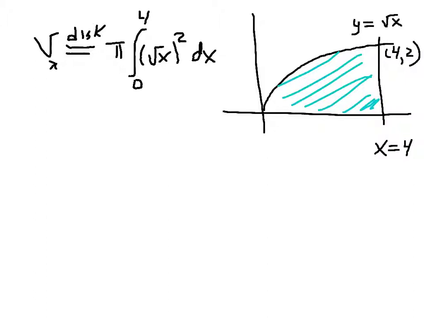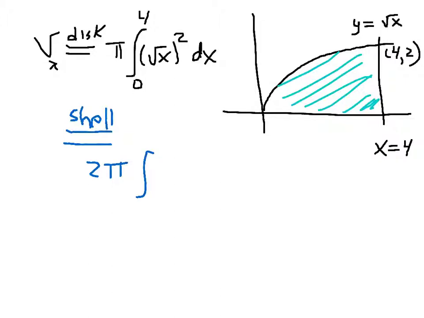But how about if we think about this using the shell method? Well, in that case, what we're looking at are rectangles that look like this, going around the x-axis. And that was going to give us something which is going to look like this. By the shell method, we're going to get 2 pi.